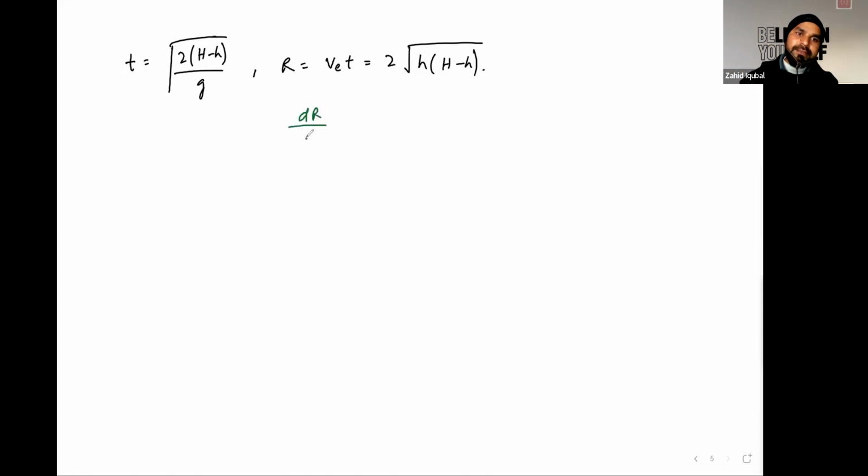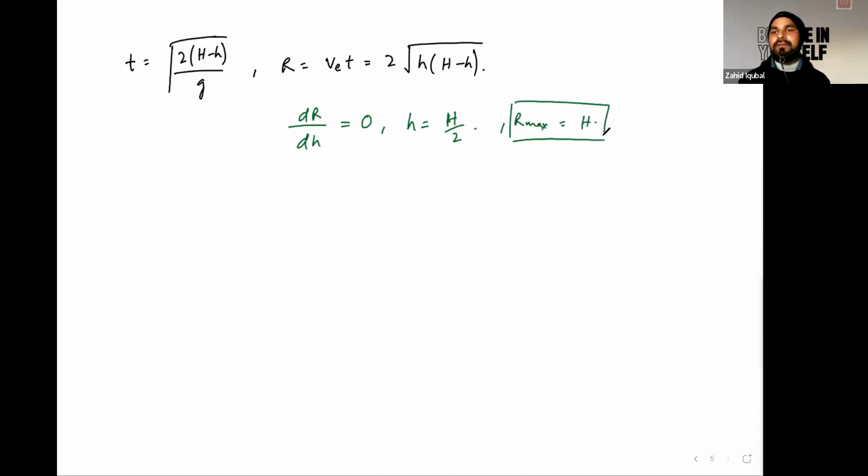So if you differentiate it and put it to 0, you will get small h equals capital H by 2. It means if you cut the hole at the midpoint of the tank, you will get maximum range. And R maximum will be equal to the level of liquid up to which it is filled. Samira, is it clear? Yes, sir.